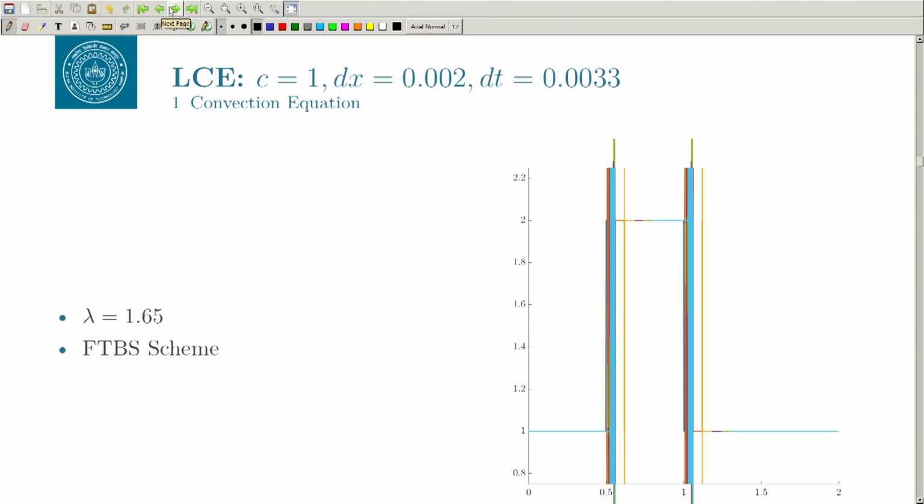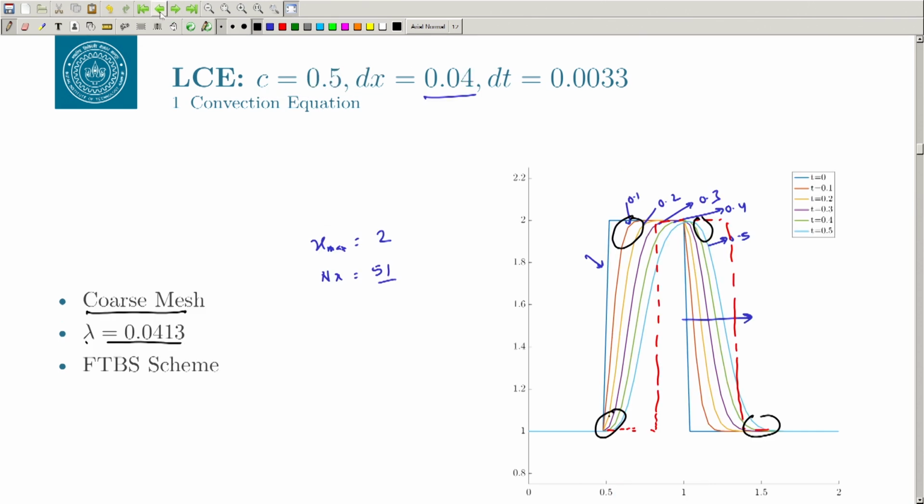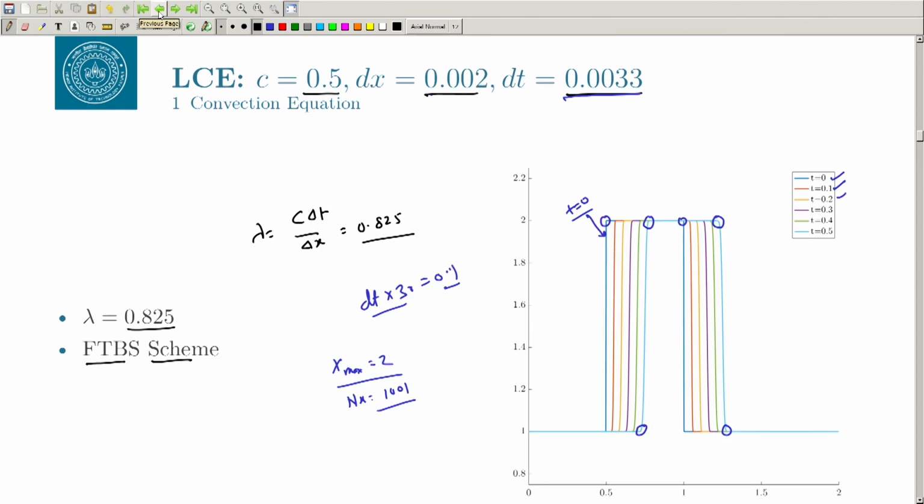What is happening here? Here we have increased the convection speed. Now my C is equal to 1, and I kept my dx and dt as in the earlier slide. At that time lambda was 0.825.